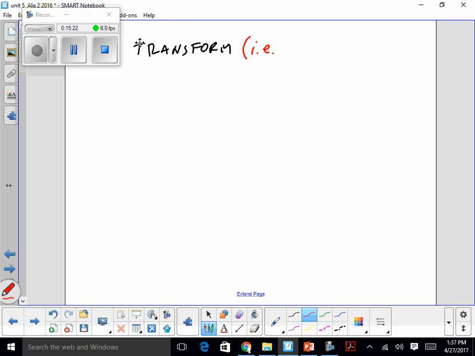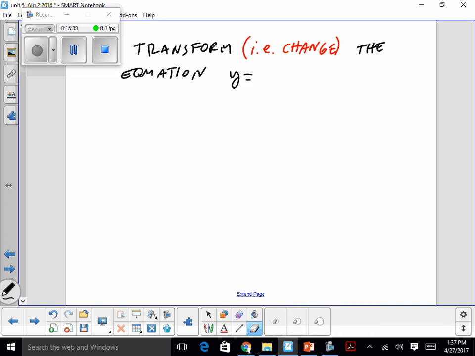We want you to transform the equation. I'm doing y equals something. Y equals 3x minus 6.